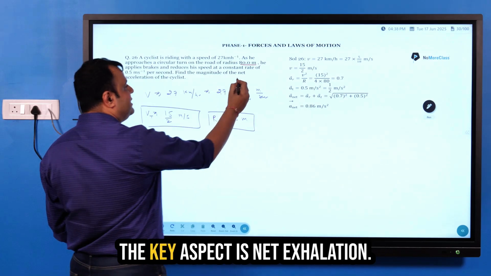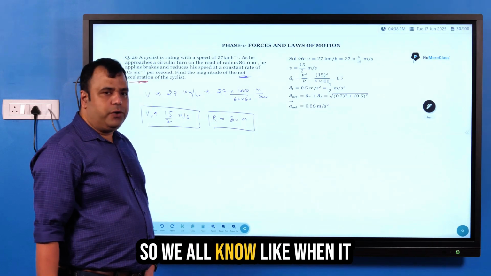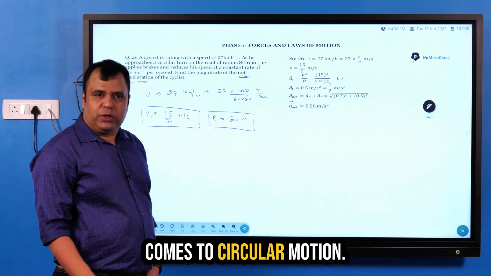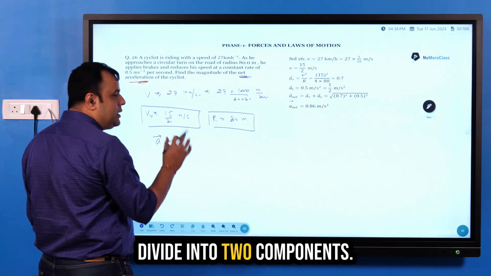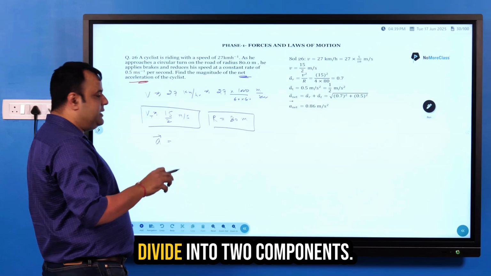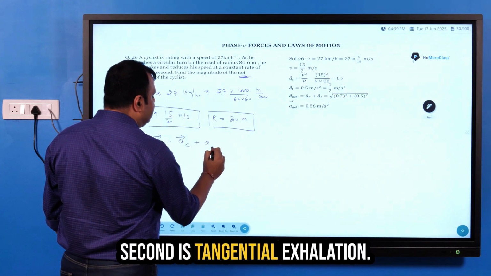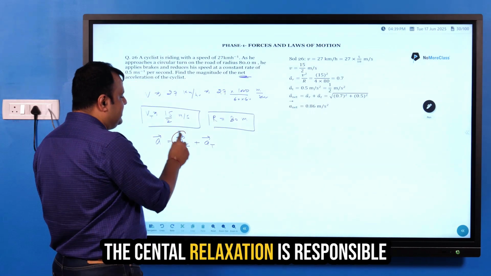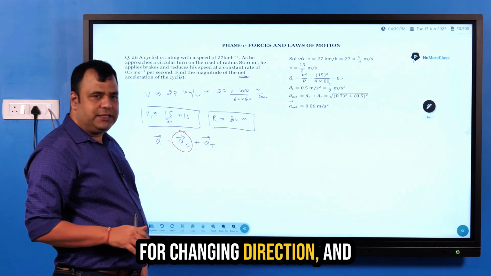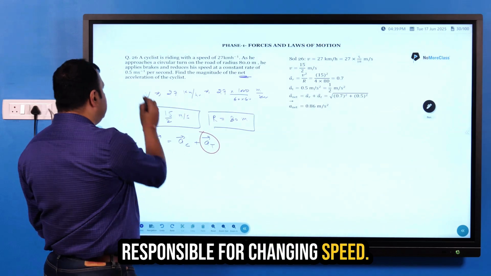In this question, the key aspect is net acceleration. So we all know, in case of circular motion, the net acceleration we divide into two components. One is centripetal acceleration and the second is tangential acceleration. This centripetal acceleration is responsible for changing direction, and this tangential acceleration is responsible for changing speed.